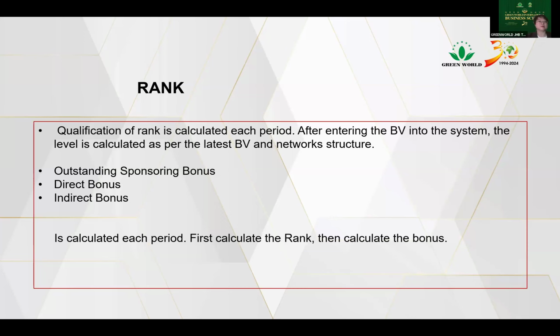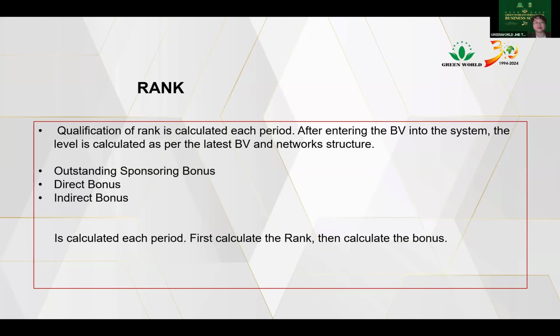Now let's talk about how your rank is being calculated and processed in the system. The qualification of rank is calculated each period. After entering the BV into the system, the level is calculated as per the latest BV and network structure.